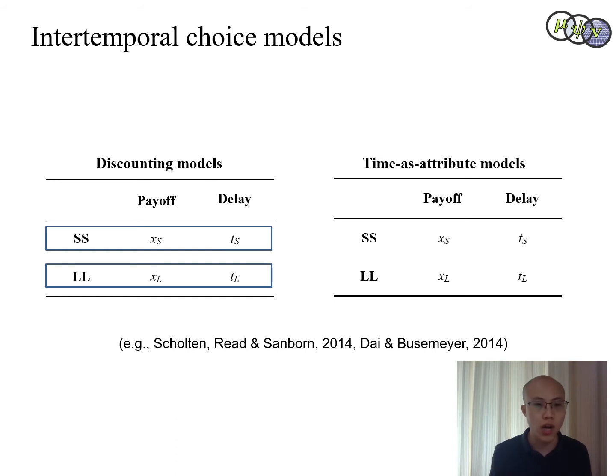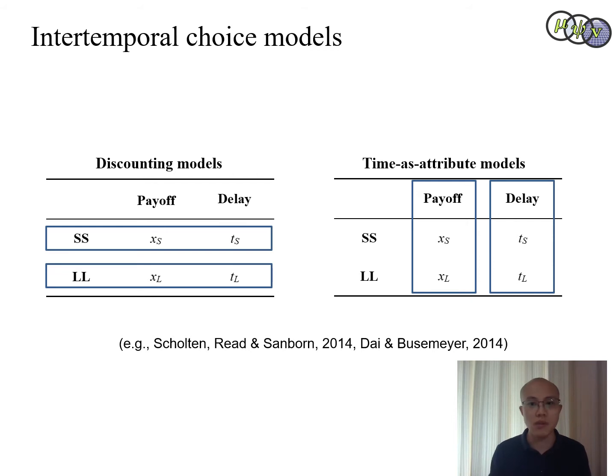For the smaller sooner option, participants assign a value based on the smaller payoff and the smaller delay, which are XS and TS in this table. Likewise, people will assign another value to the larger later option based on XL and TL. The decision is then based on which of the two values is larger, and the option with the larger value is usually picked.